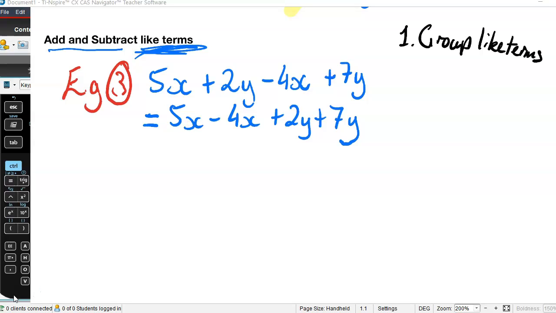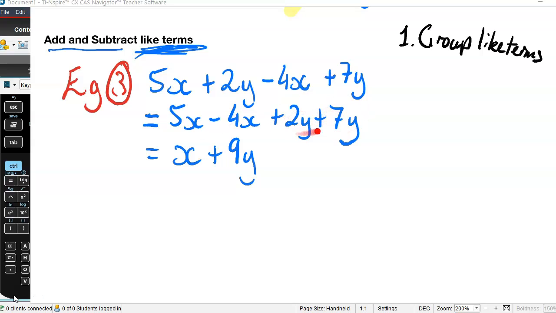So 5x take away 4x is 1x. Remembering we don't have to write that one. And 2y plus 7y is 9y. Now, like terms, you can add these like terms, and these like terms.